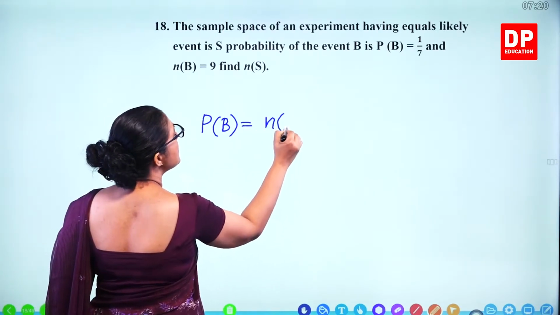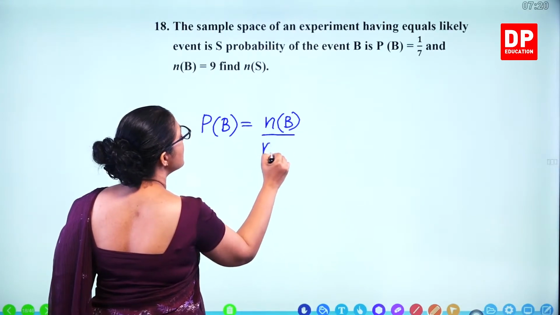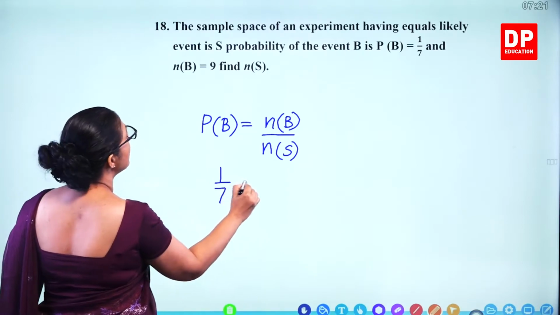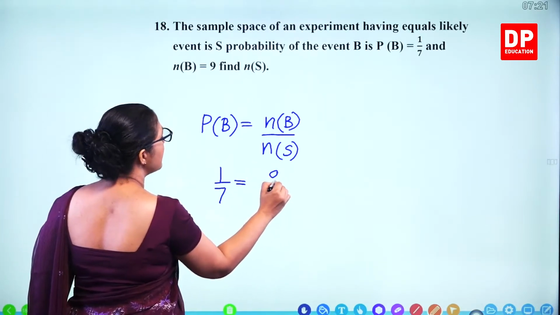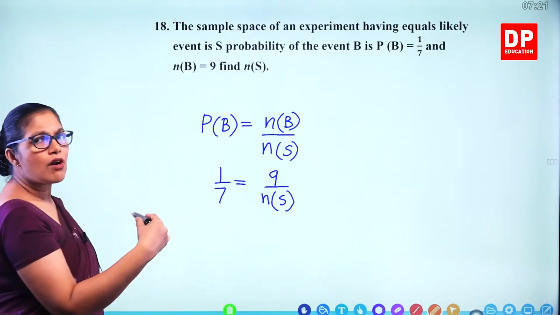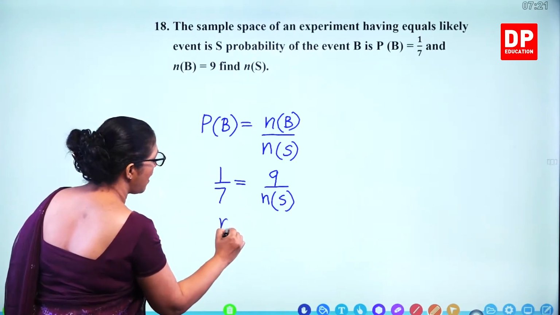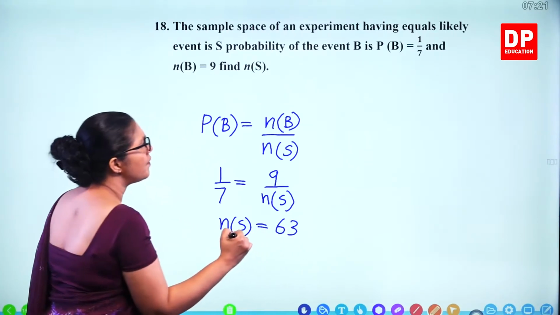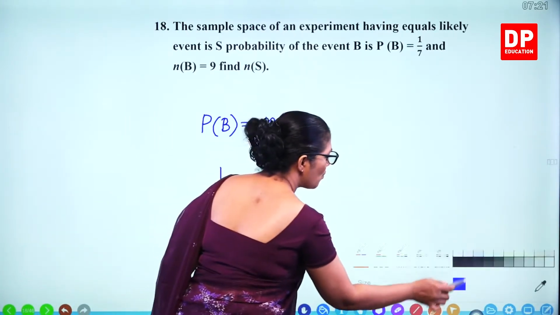Number of elements in B over number of elements in the sample space. P(B) is given as 1/7 and n(B) is 9. So what is n(S)? You can cross multiply. n(S) becomes 7 times 9, 63. 2 marks for that.